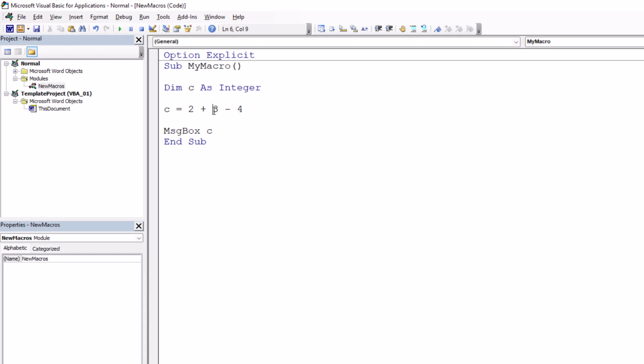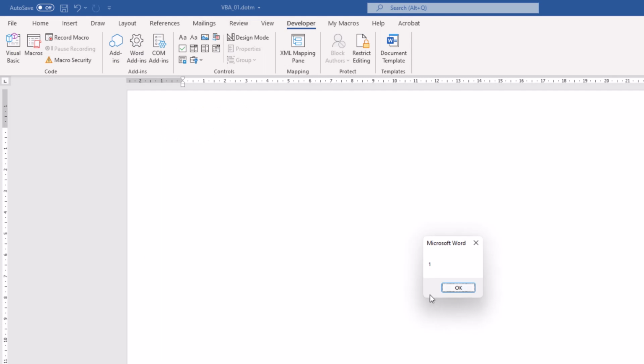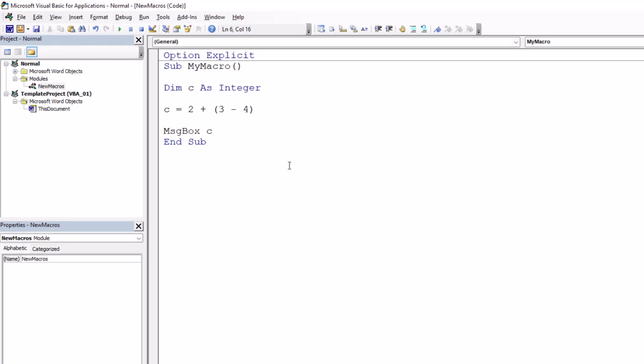But if I use parentheses, first it will calculate this. 3 minus 4 is -1, plus 2, of course, again gonna get the same result. So note that plus and minus have the same priority, which in this case will calculate from the left, the first one, and then this one.